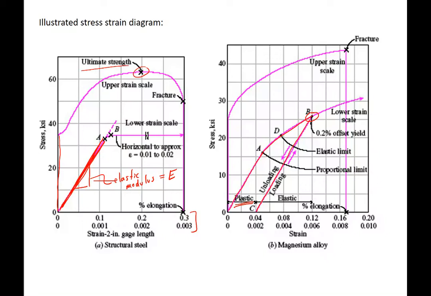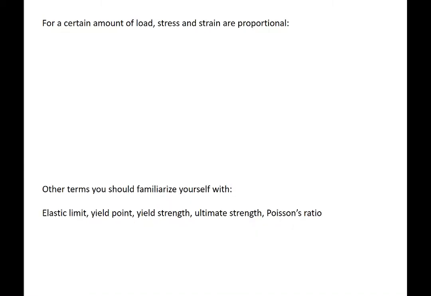If we move on to the next slide here, for a certain amount of load, stress and strain are proportional. That basically just means that the stress is just going to be the elastic modulus times the strain, all right? And it's just linear, until you get to the point where you're past the proportional limit or past the elastic limit, and then it's no longer just a linear relationship like this.